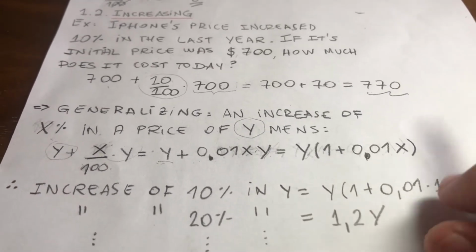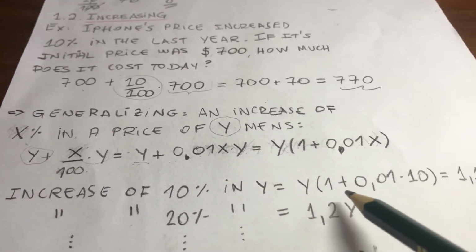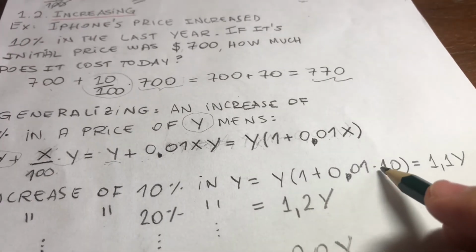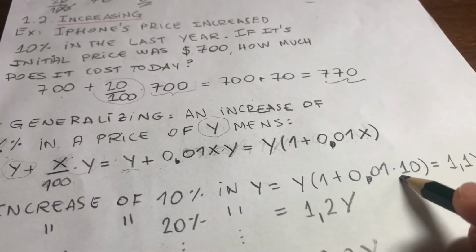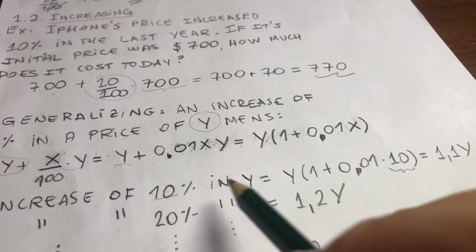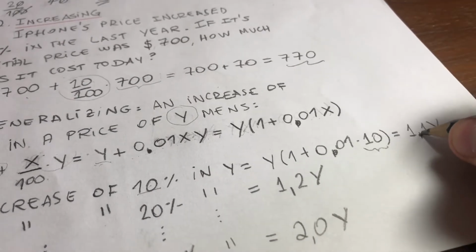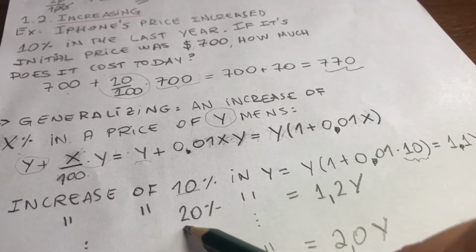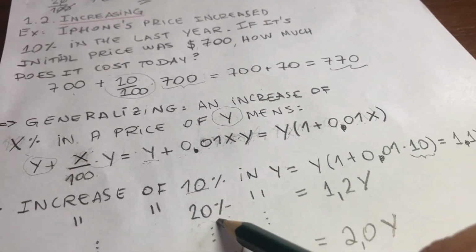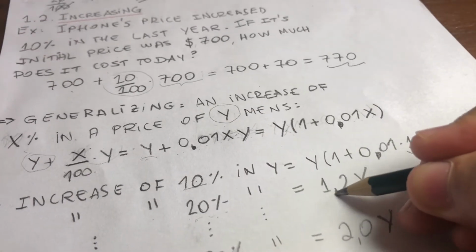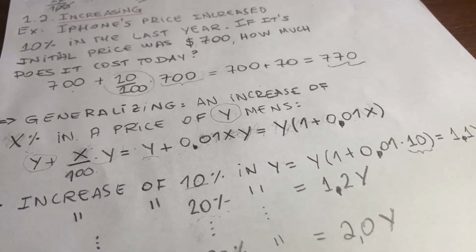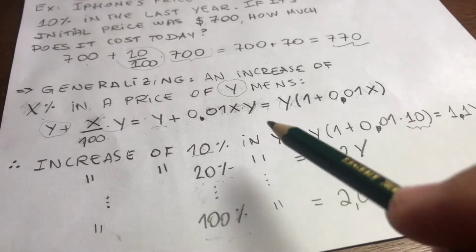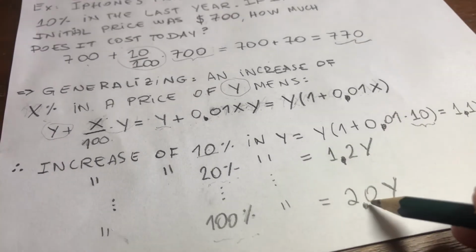So if we have an increase of 10%, we're going to have Y multiplying 1 plus 0.01 multiplying 10. So we finally are going to have 1.1y. If we have an increase of 20% of y, we're going to have 1.2y. And finally, if we have an increase of 100% in y, we are going to have 2y.